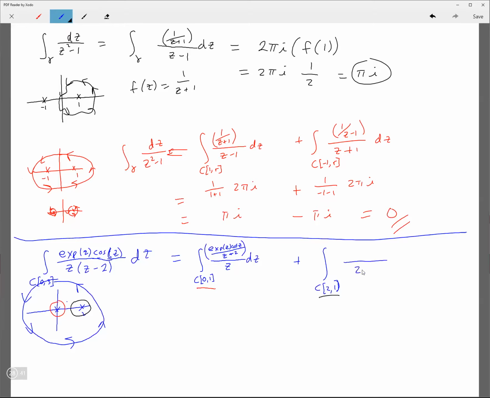And here, the z minus 2 is all that you leave in the denominator, because that's the only point that's enclosed by that. And then the numerator becomes exp of z cosine z over z. Okay, great. So what's this integral going to be?